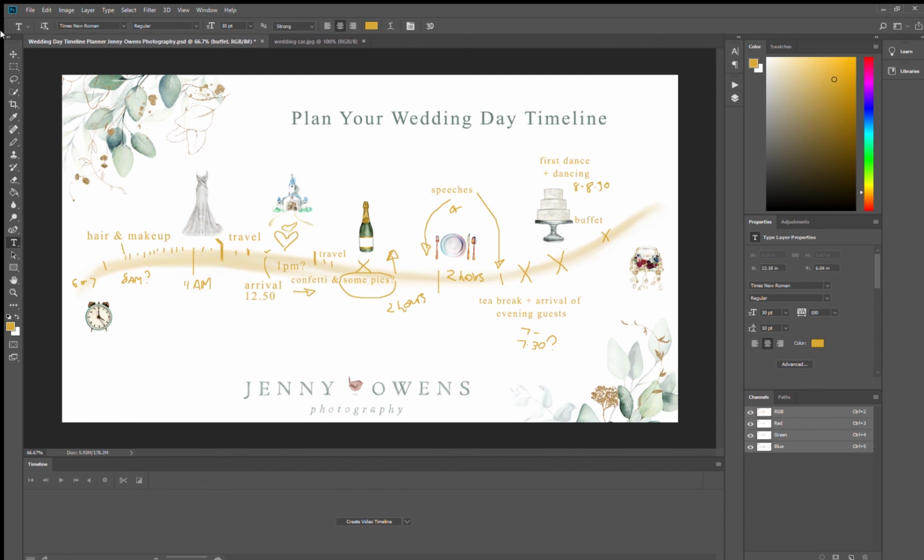And then after that, a little bit of dancing. You then have another little break where people usually serve the evening buffet, again for the evening guests. Let's say your buffet is out around 9 o'clock, and after that you can still have a little bit more of a party, dancing, or whatever evening entertainment you might have for your evening guests.